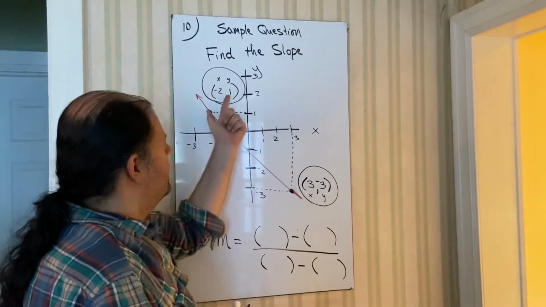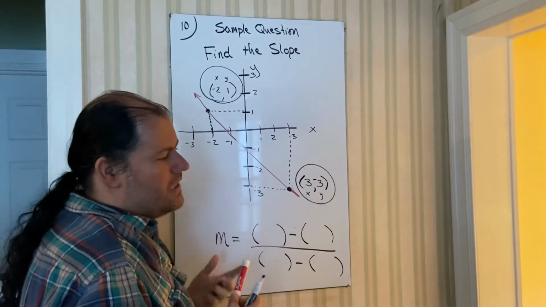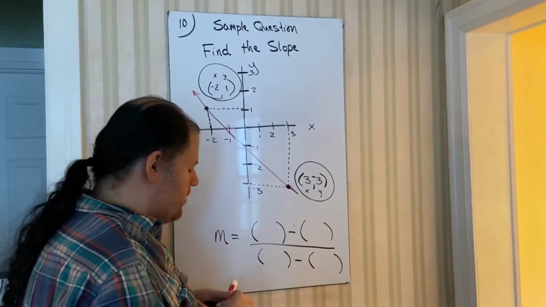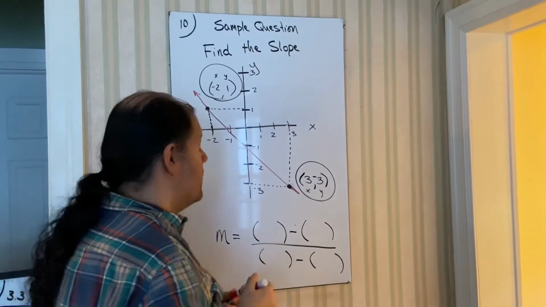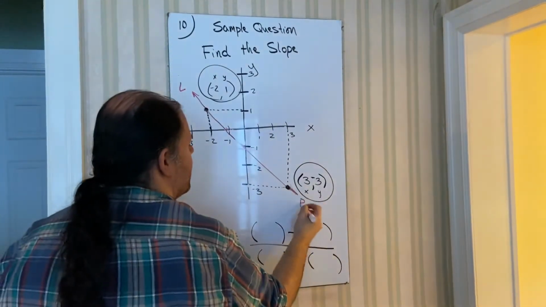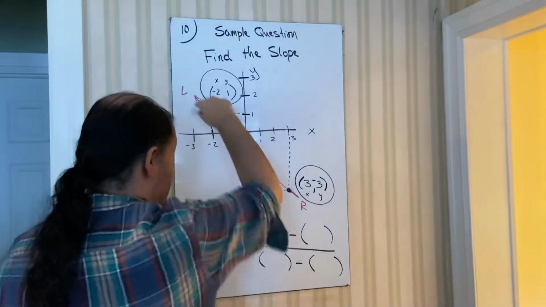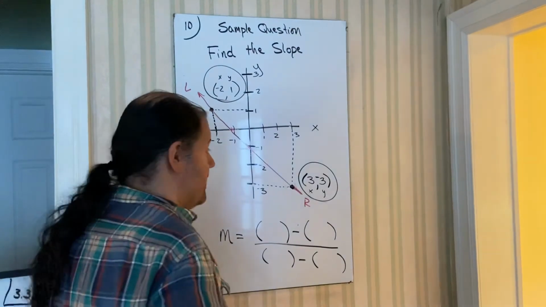Doesn't matter if you want to go from here to here or here to here. Because I'm used to reading graphs, just like I always told you for slope, go from your left to your right, I'm going to go this direction because that's how I read the slope of a line. See how it's going downhill, so that's why I know it's a negative slope.